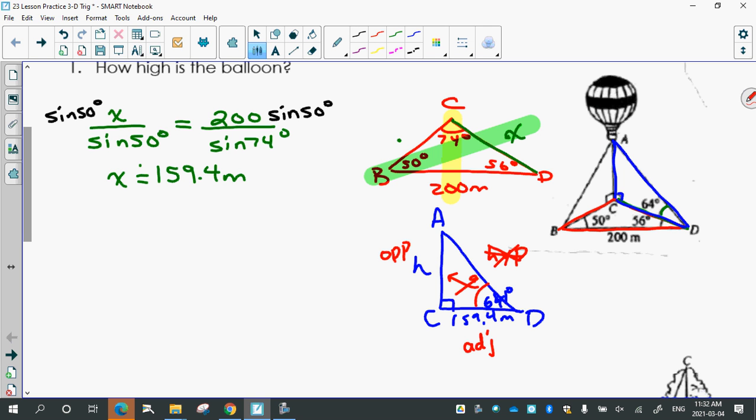Which means I need the formula that has opposite and adjacent in it. Tan, good. So tan of an angle is the opposite over the adjacent. Tan of 64 degrees is H, which is the opposite, over 159.4.